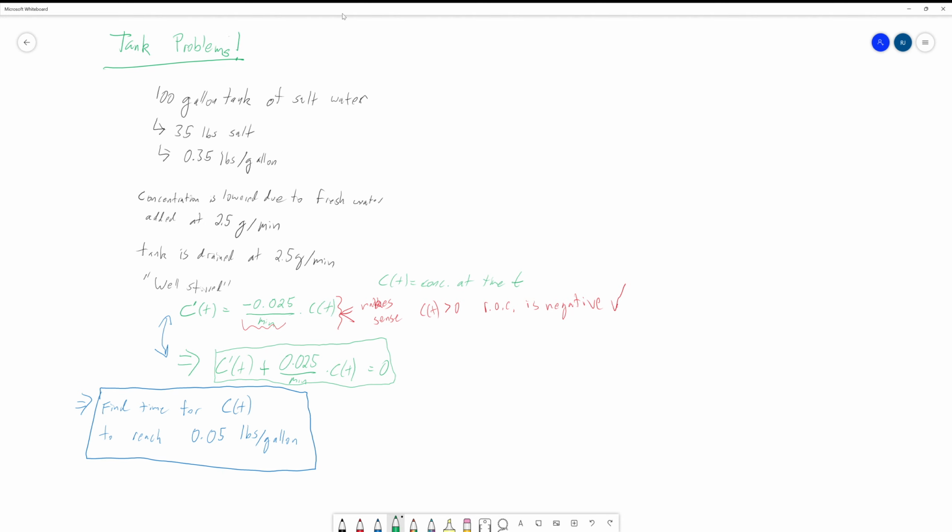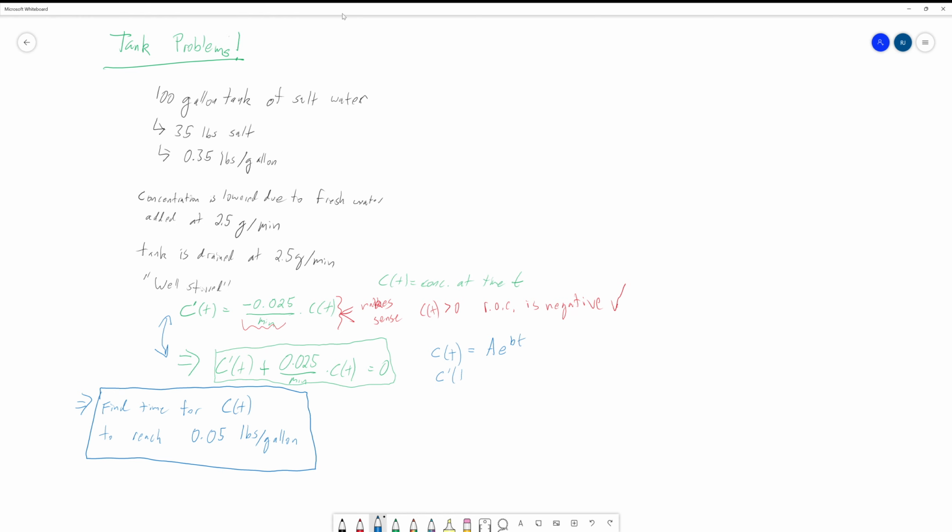So we can just solve this equation. So let's say C of t is going to equal A times e to the b times t.